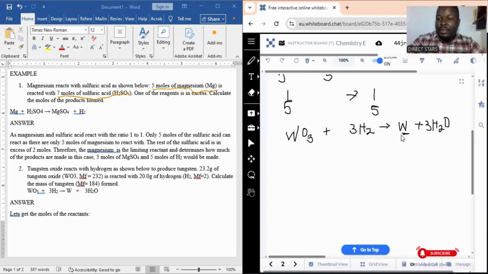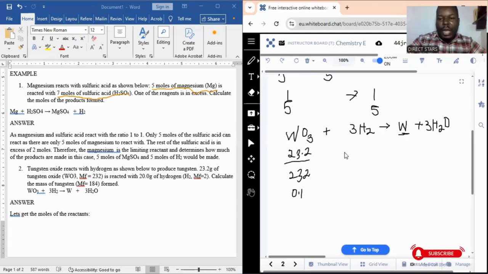For us to get this, we need to know which of these two is the limiting reagent. And that is simple. In the question, we were given 23.2 grams of this. Divide that by the formula mass, which is 232, to get the mole. So the mole here is 0.1.